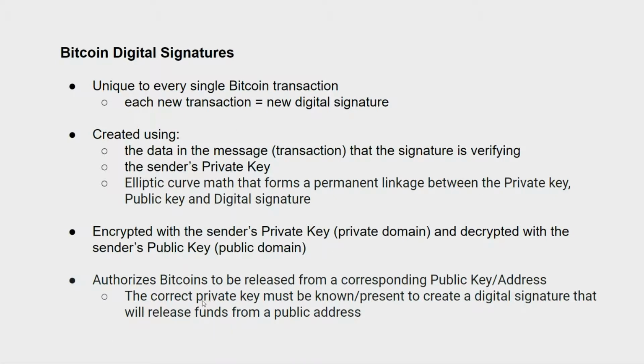These digital signatures are the last step to authorize Bitcoin to be released from a public key or the address, and the correct private key must be known and present to create a digital signature that will release the funds from that address.